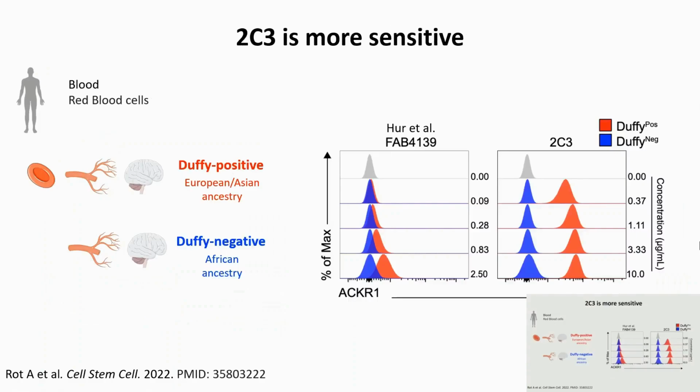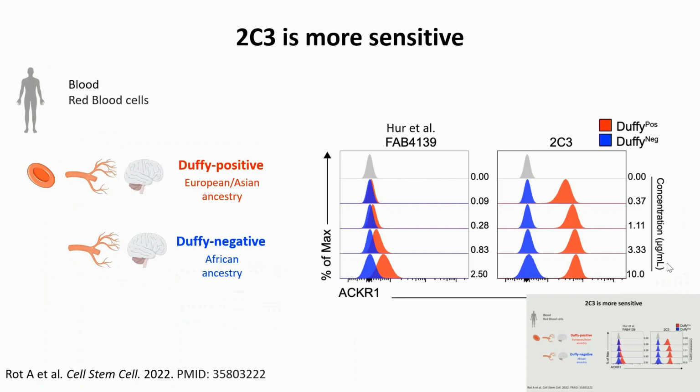Next, we assessed the specificity of antibodies that recognize the human SEKR1. So we did more or less the same experiments as I showed before, and you may wonder how then we will test the specificity of SEKR1 in human. Well, we are quite fortunate that there is a polymorphism for SEKR1 in the population.